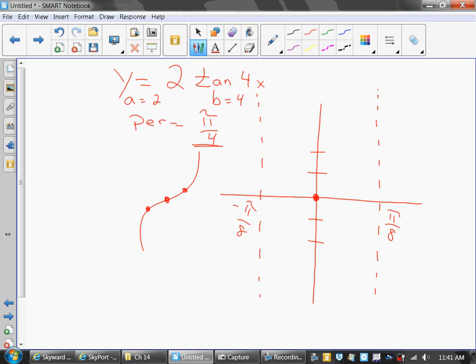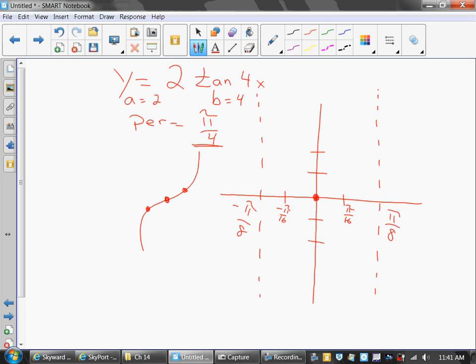It occurs halfway between the asymptote and the origin on both sides. So once again, you have to figure out the halfway point between 0 and pi over 8. So what's half of an 8? 16. Good. So this is at pi over 16. And this is negative pi over 16. All right? Notice I'm just breaking things in half.